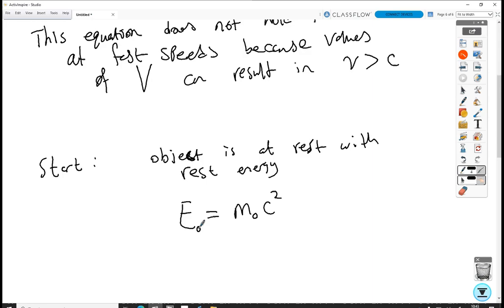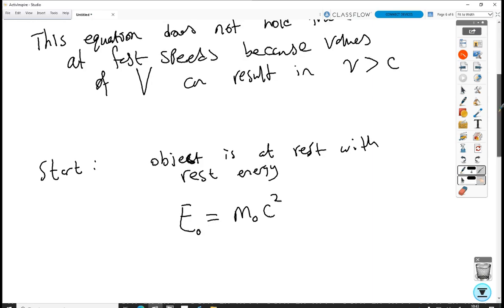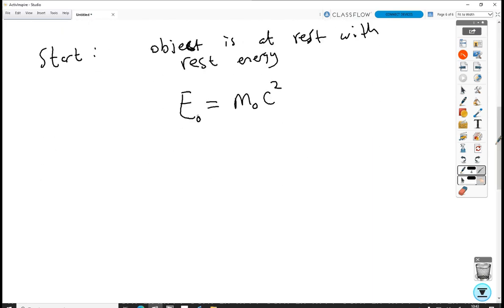So the original energy. Now, if we apply some energy to this object, we give it some energy or some heat, and it starts to move extremely quickly, then its energy changes. So give the object energy, and its mass changes because of the energy you give it.